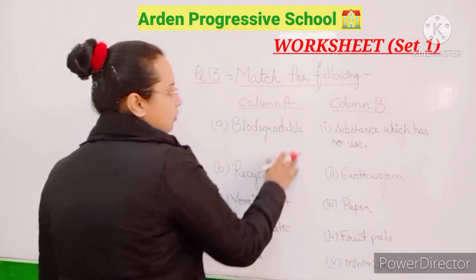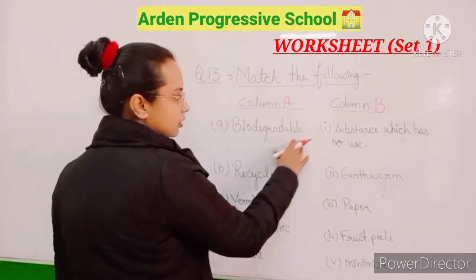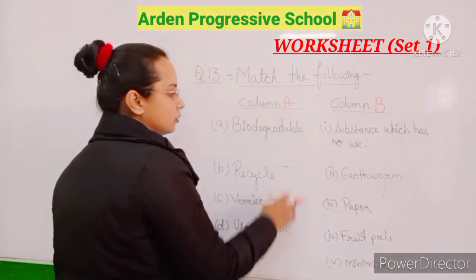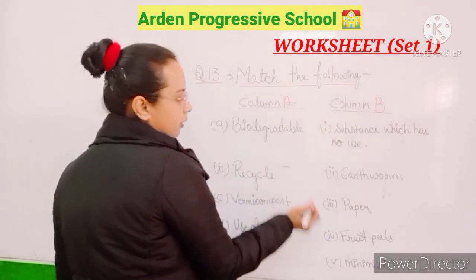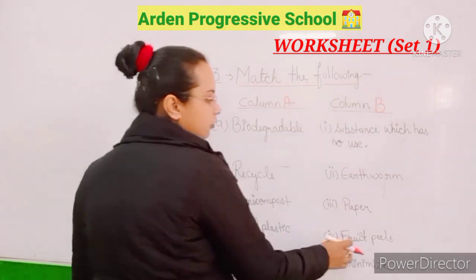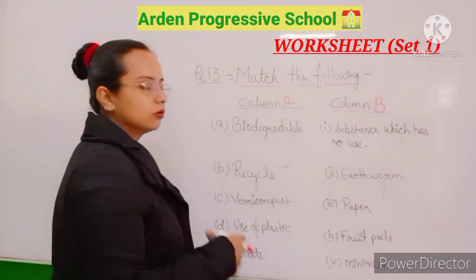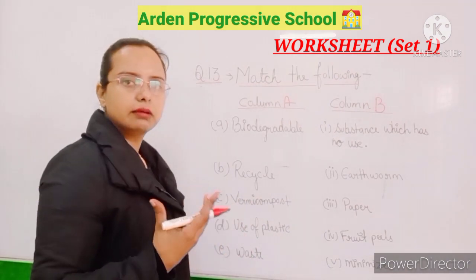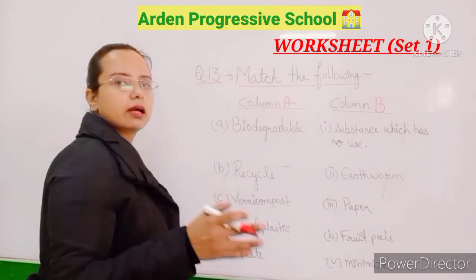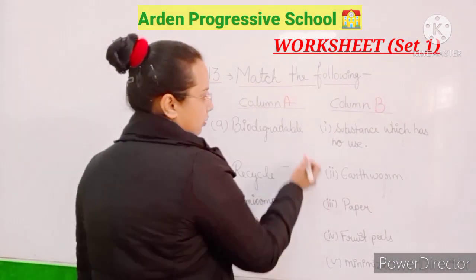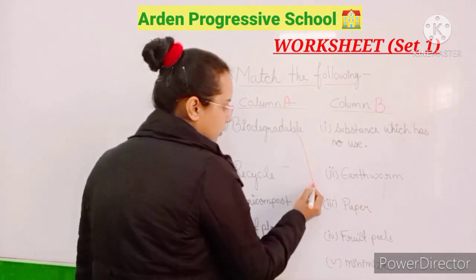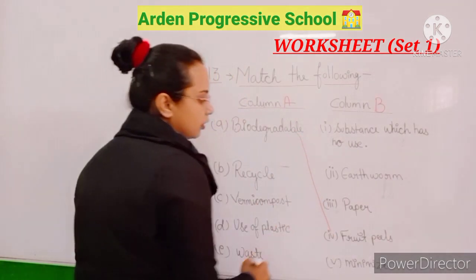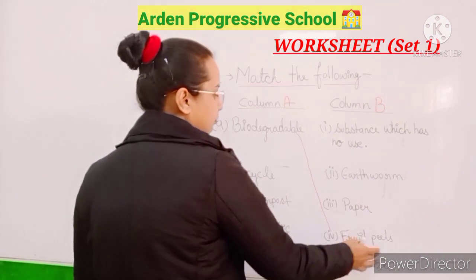So let's see, biodegradable will go with the fruit peels. Why? Because fruit peels are a waste which is biodegradable and can be easily decomposed by natural microorganisms. So this will go with the fourth one, fruit peels.